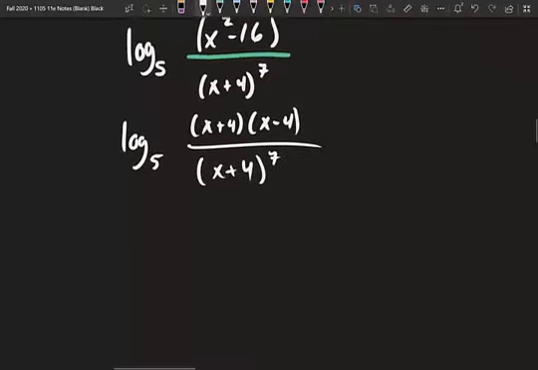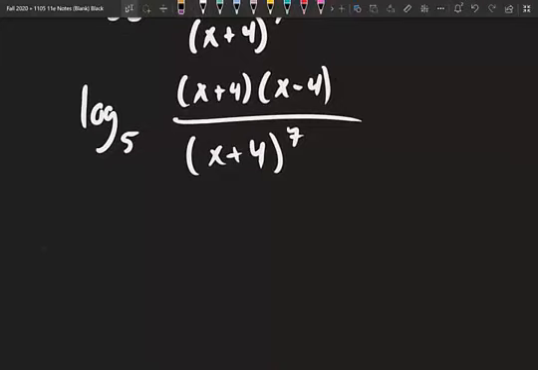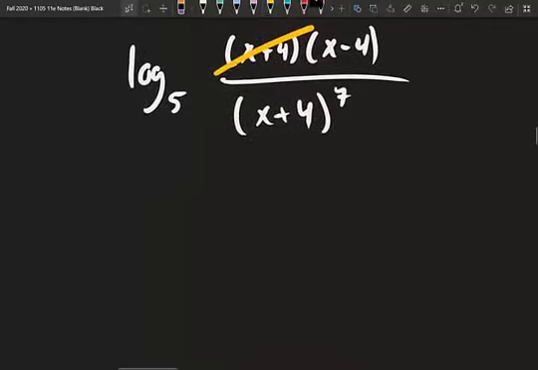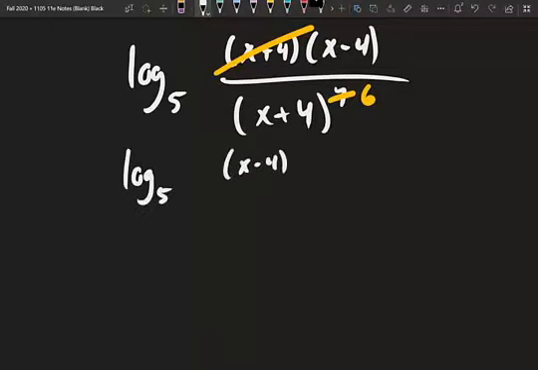So what we have now is 1 x plus 4, 1 x minus 4, and on the bottom we have 7 x plus 4s. So I can cancel out 1 x plus 4, so 7 minus 1, we're left with 6. So our final answer is log 5 of (x minus 4) over (x plus 4) to the 6th.